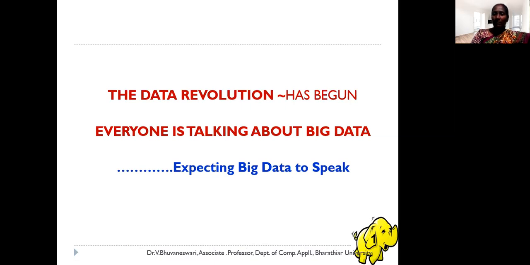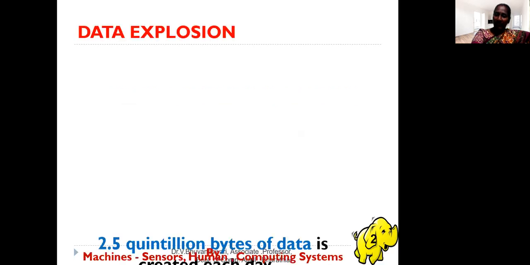Everyone is talking about big data, and now we expect the data to talk to us, to say that I am here, this is what has been happening with me, this is what you have stored with me, and this is where I give you more validity and increase your patterns. Now we want data to give back inputs and insights to run our business, and that is where big data is going to help us.